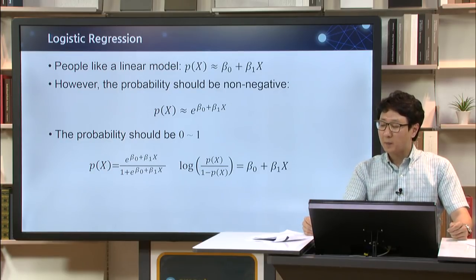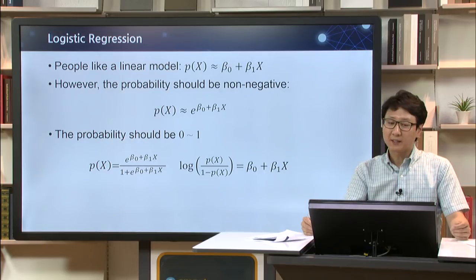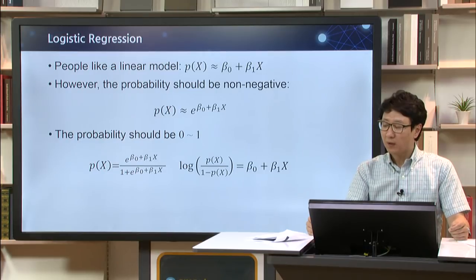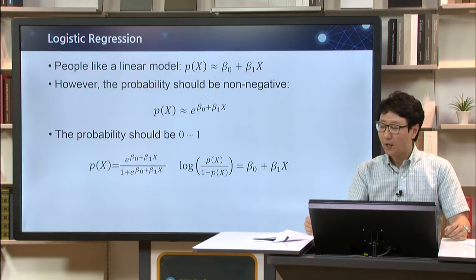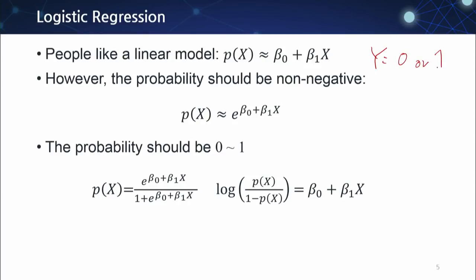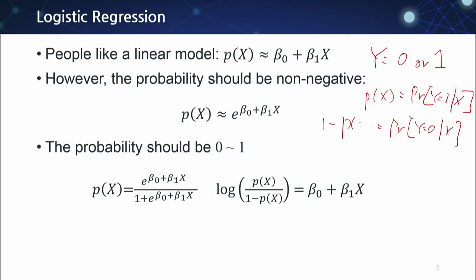Among various classification methods, let's start from logistic regression. Logistic regression is often applied for the classification of binary outcomes. Let's consider that y is either 0 or 1. Then let's define the small p of x as the probability that y is equal to 1 given x. Definitely, the probability that y is equal to 0 given x is equal to 1 minus p of x.